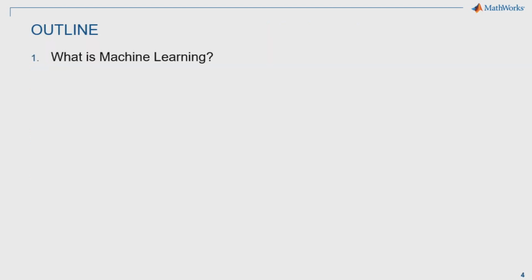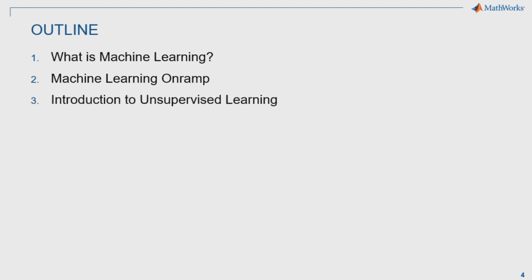So this is the outline of the presentation, and it is exactly the same one that I showed you in the Facebook group. We will start by talking about what is machine learning. We will then just mention the importance of one of the self-paced courses that you can find in your online account, which is the machine learning on-ramp course. We then give an introduction to unsupervised learning.